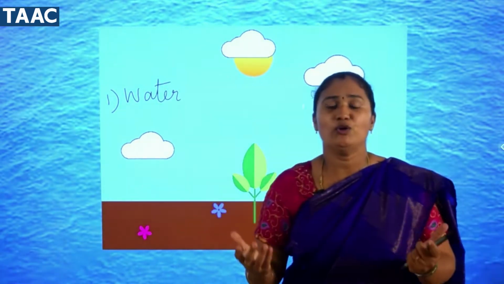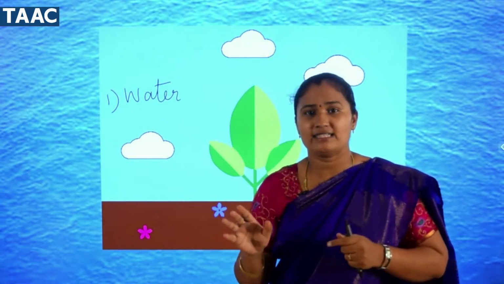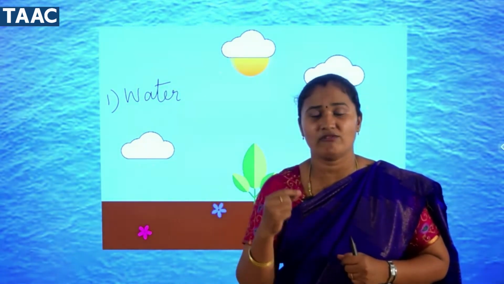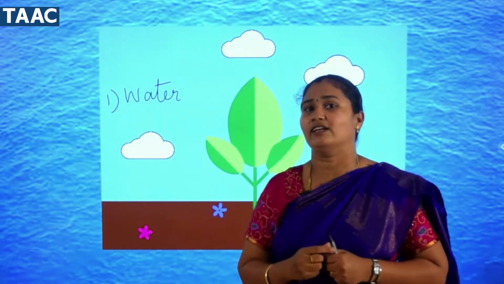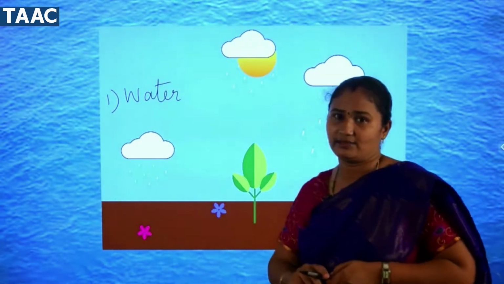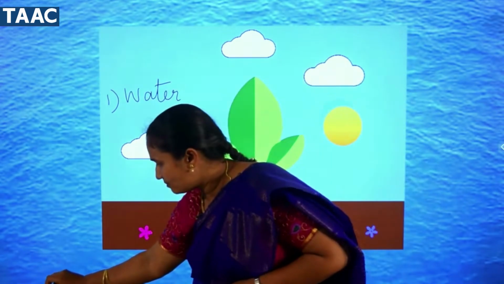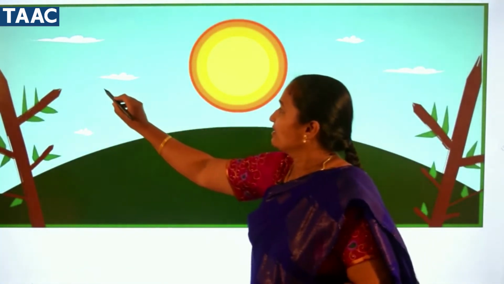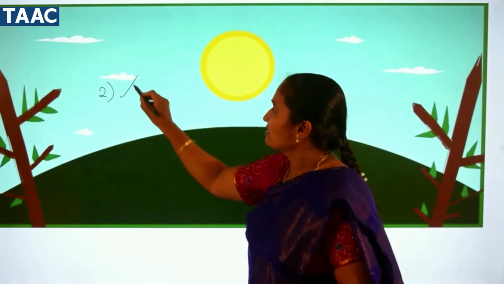We all know that all the living organisms in the entire world need water. It's a very essential factor for their survival. So, the first common factor that the plants need is water. The next very important factor is sunlight.